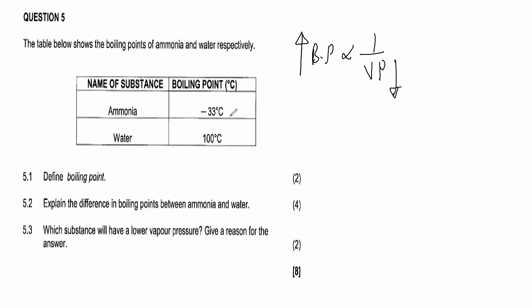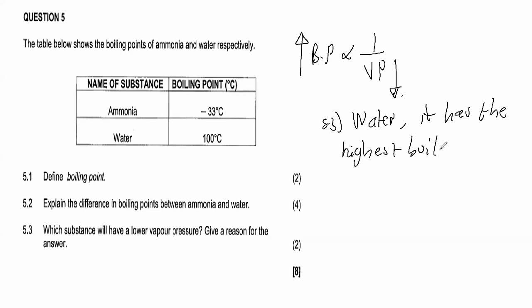Now, looking at this, we can see that it is definitely water. So we're going to say water, and then to give a reason for our answer, we say it has the highest boiling point.